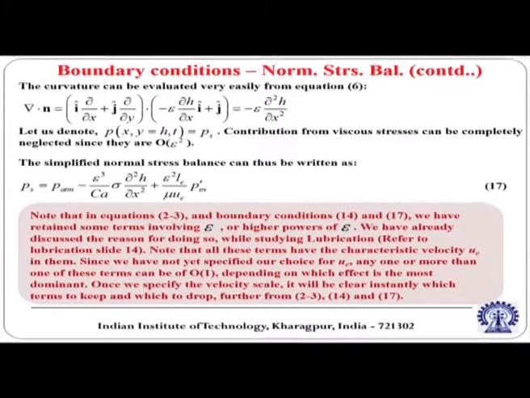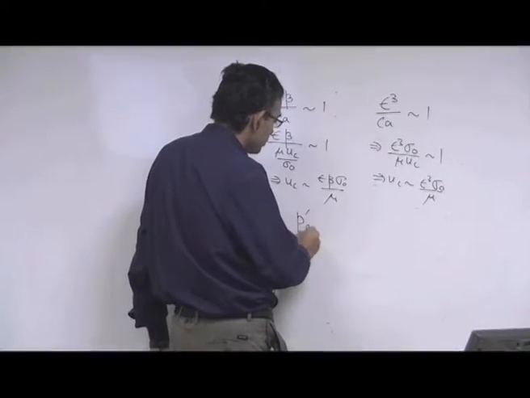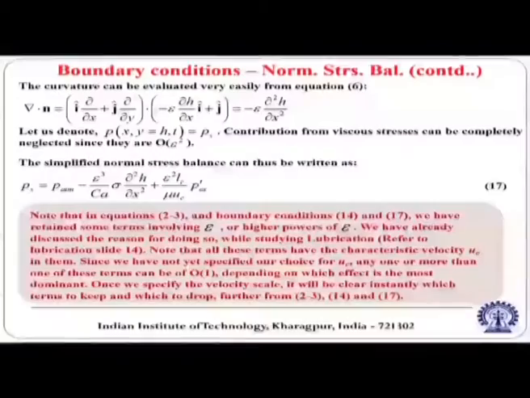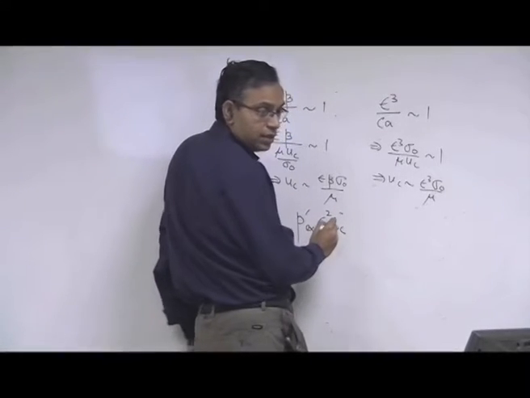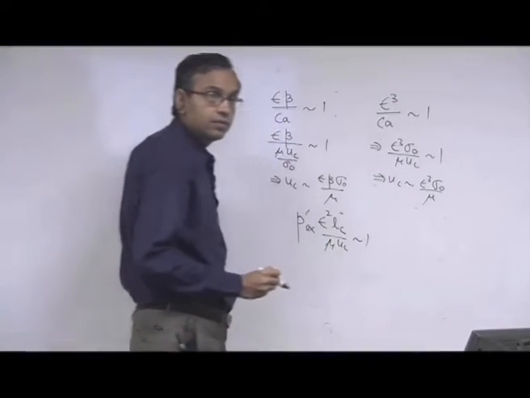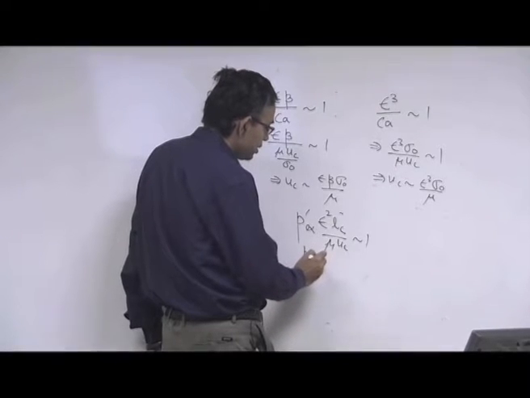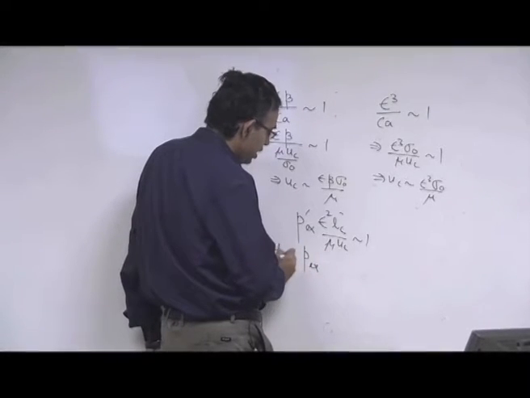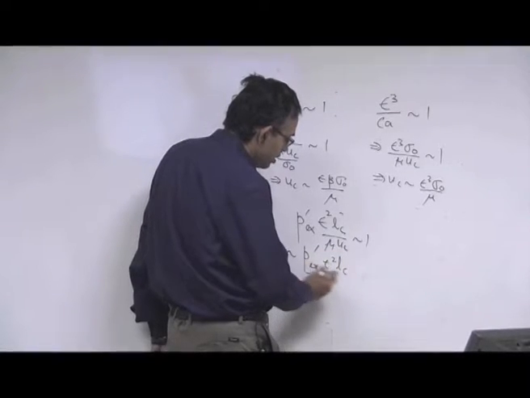If all the terms are of the order of 1, that means P dash xs into epsilon square LC by mu uc is of the order of 1. So that means uc is of the order of P dash xs epsilon square lc by mu.